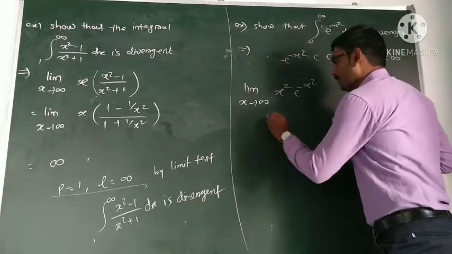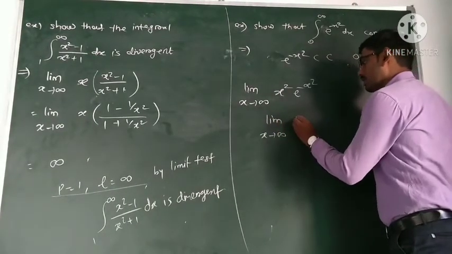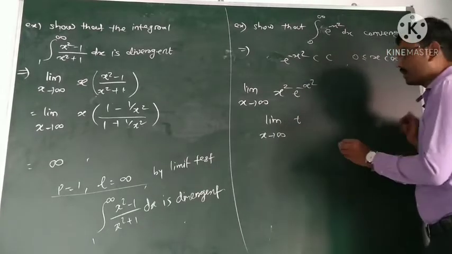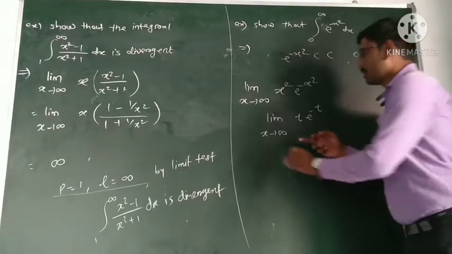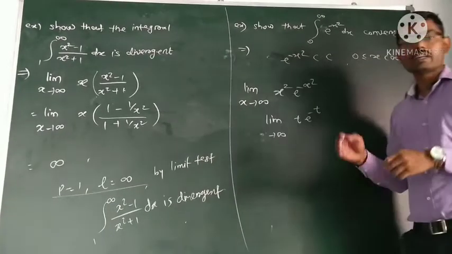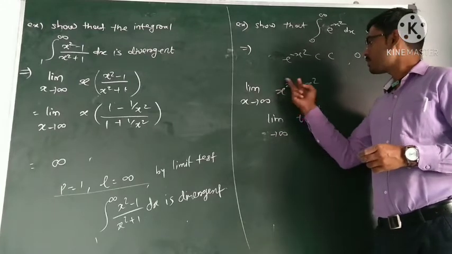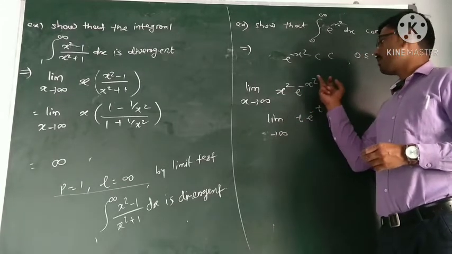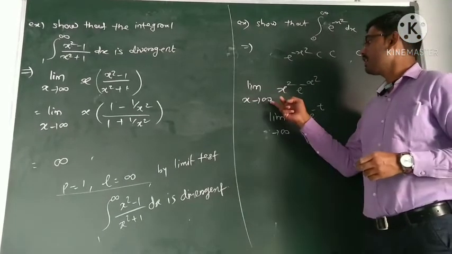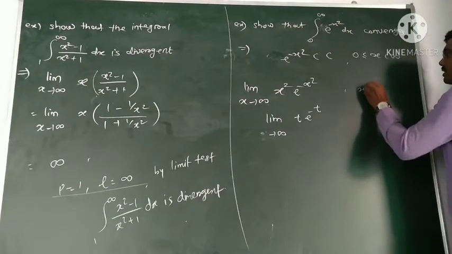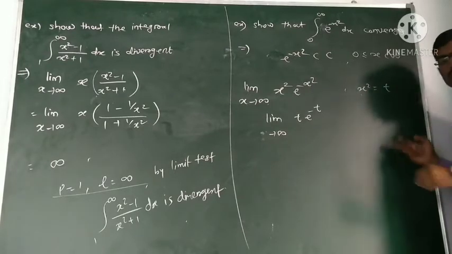This becomes limit of t into e raised to power minus t, because we are replacing x square by t. And as x tends to infinity, t also goes to infinity.